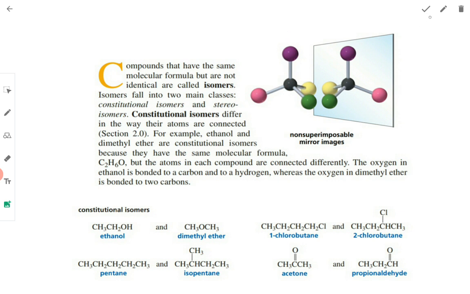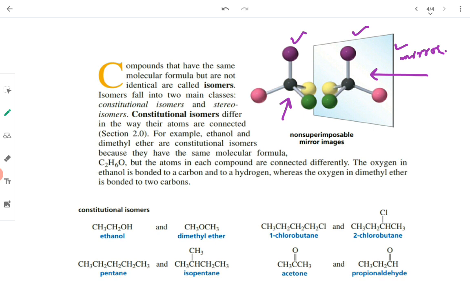You can see this is a molecule. This is the mirror here, and this molecule in the mirror is the mirror image of this molecule, right?